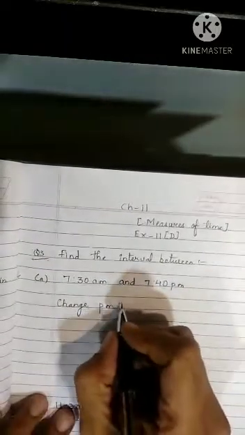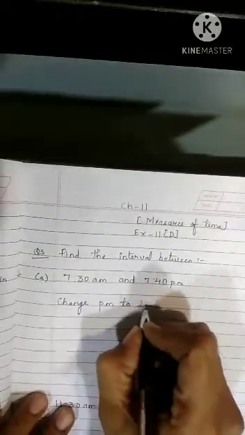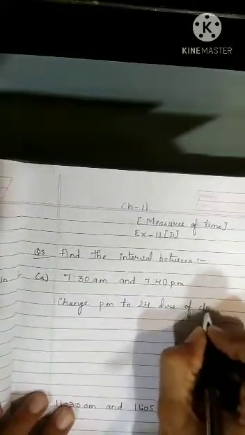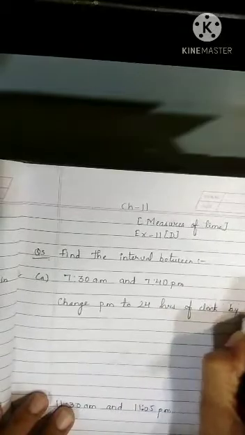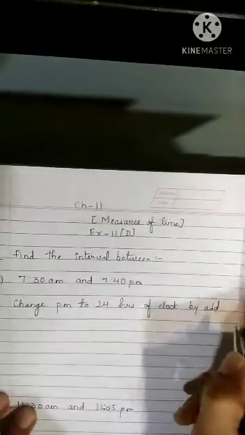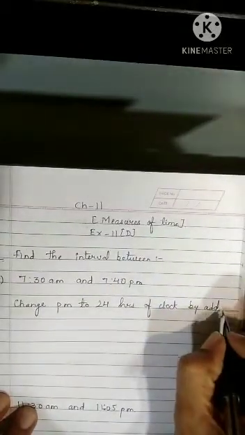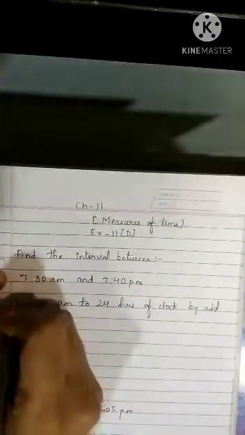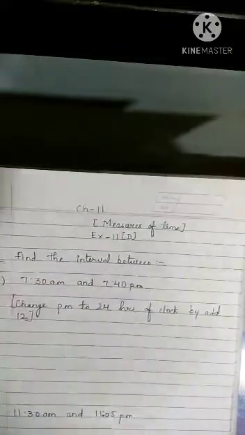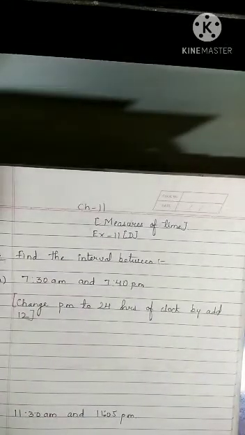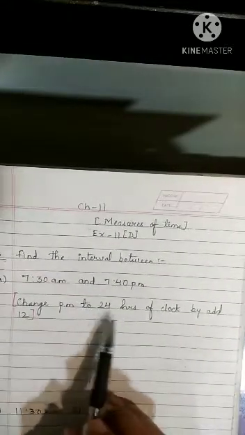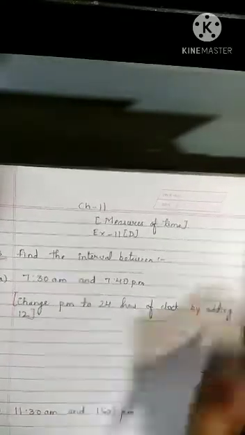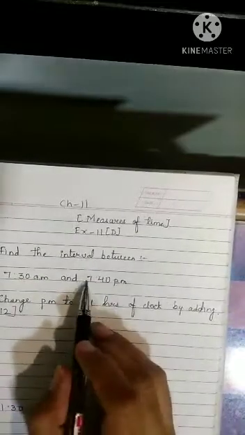So change p.m. to 24 hours of clock by adding 12. This is the point which you have to remember. I taught you before also how do we convert p.m. into 24 hours of clock by adding 12.